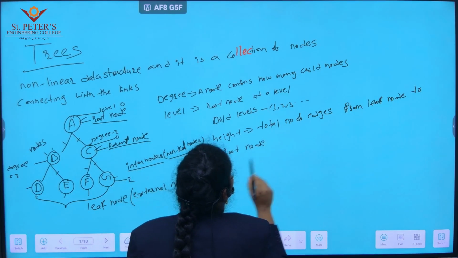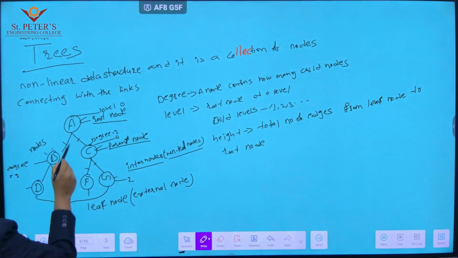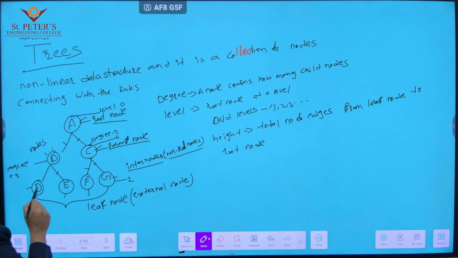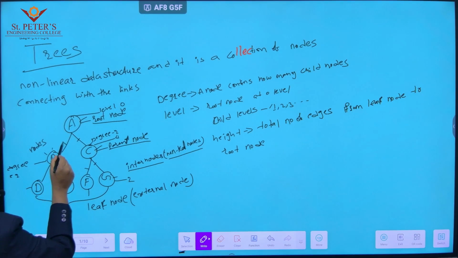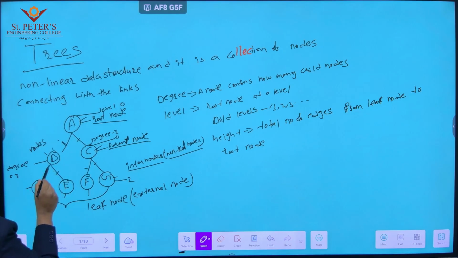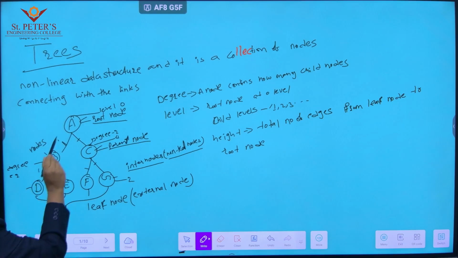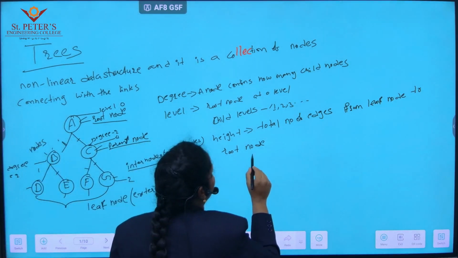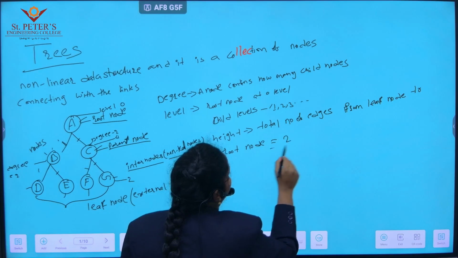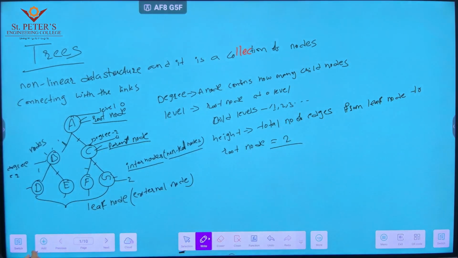The leaf node is the last node of the tree, and the root node is the first node. So A to B is 1 edge, and B to D is 1 edge. So the height of this tree is 2. These are the terminology words of the tree diagram.